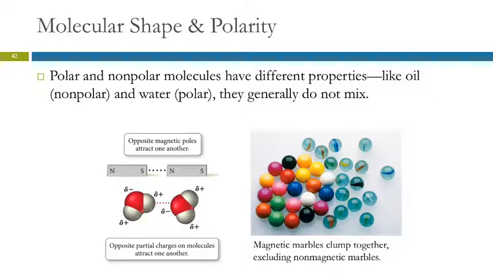So molecular shape, actually let's do one more example because I just don't think that was quite enough. Let's look at ammonia. So let's determine if ammonia is polar. Have to draw the Lewis structure first.